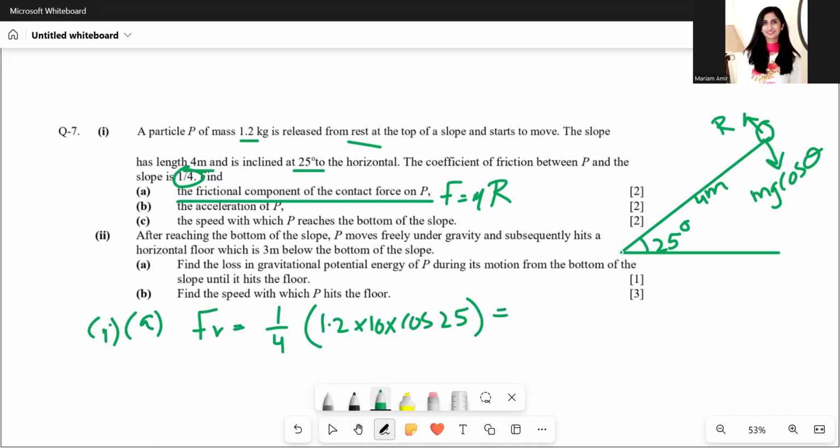It comes to 2.7189. Friction's unit is Newton. It's a force. It rounds to 2.72 in 3 significant figures.